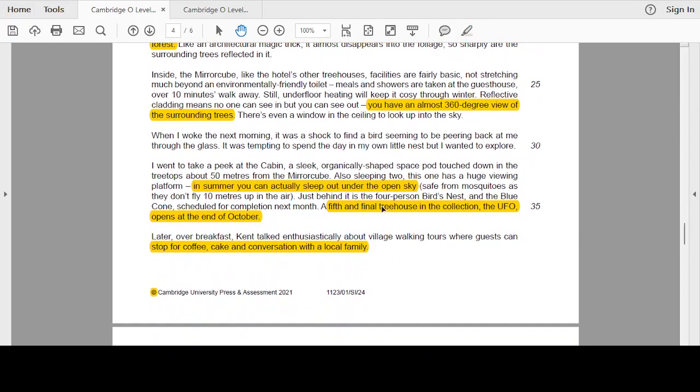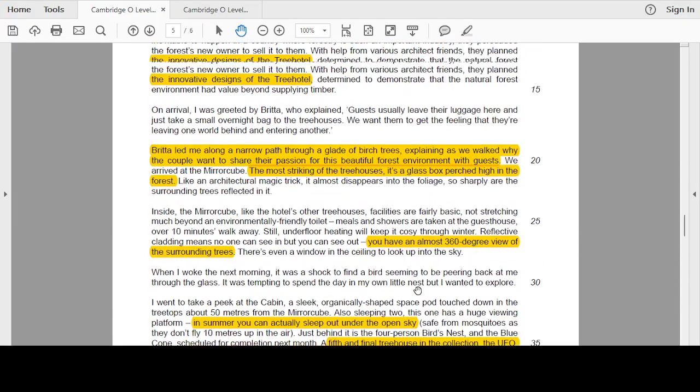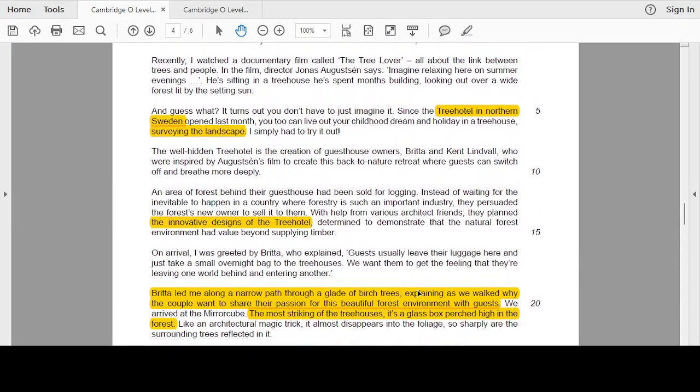And six, seven, eight, nine, and 10. So we do have 10 points highlighted, which looks good, but let's actually be critical about this.